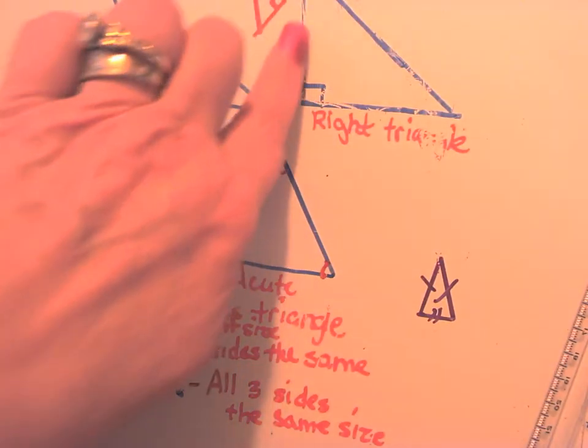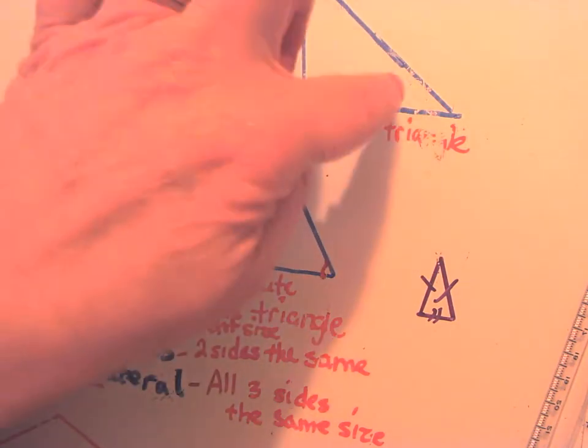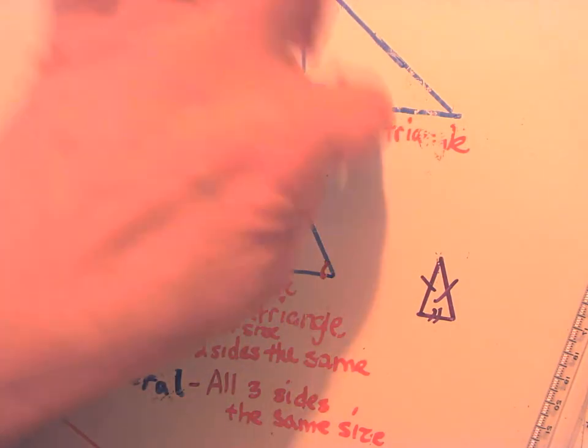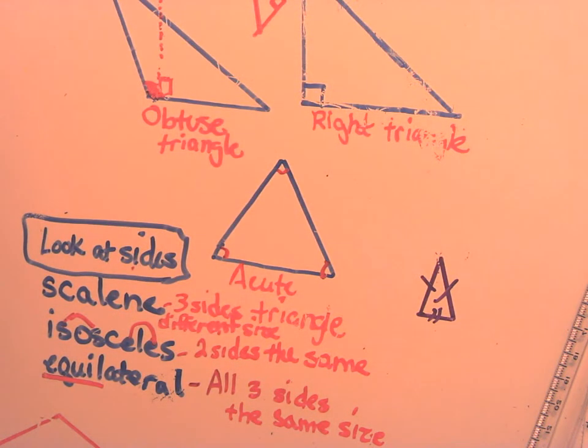It's a right triangle, and then if I measured them, there would be two lines that are the same, but this line is different. So that would be what we call a right triangle and an isosceles, because an isosceles would have two lines that are the same size. Okay.